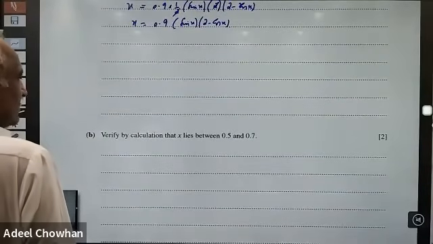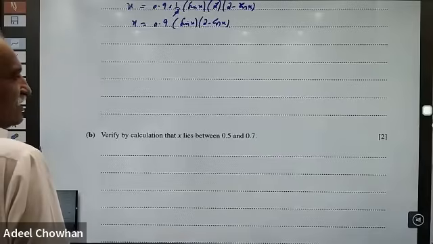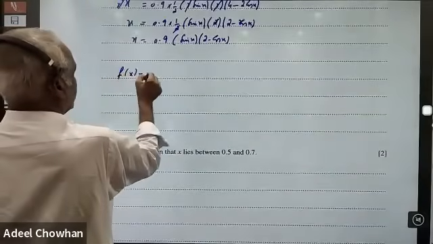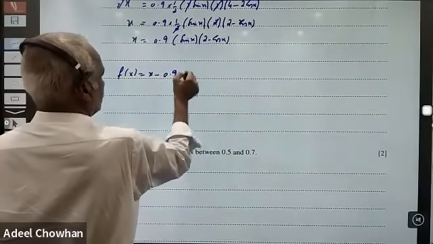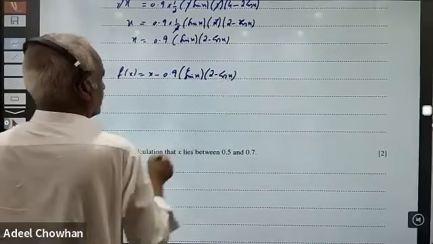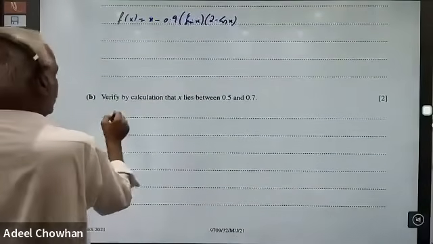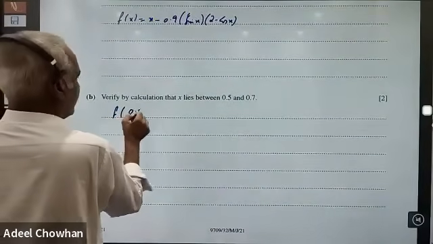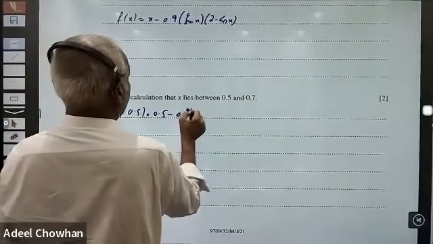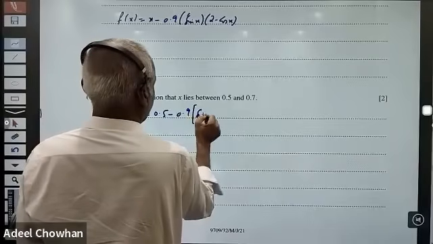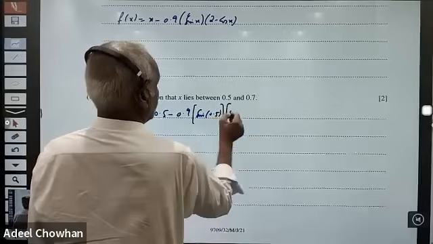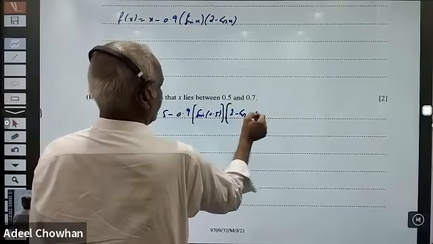Now verifying by calculation that X lies between 0.5 and 0.7. So we can write this as f of X is equal to X minus 0.9 into sine of X into 2 minus cos of X. So f of 0.5 will be equal to 0.5 minus 0.9 sine of 0.5 into 2 minus cos of 0.5.